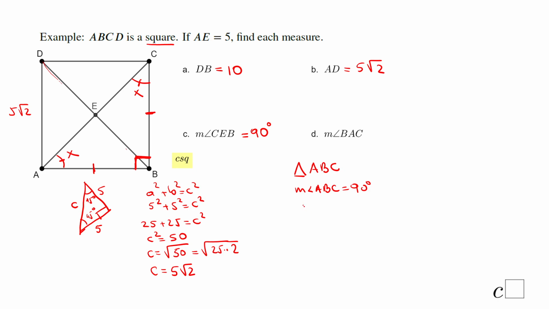So now I can write, the sum of the measures of the interior angles of triangle ABC is 180. Okay. So now we can solve, and we have 2x plus 90 equals 180. Subtract 90.